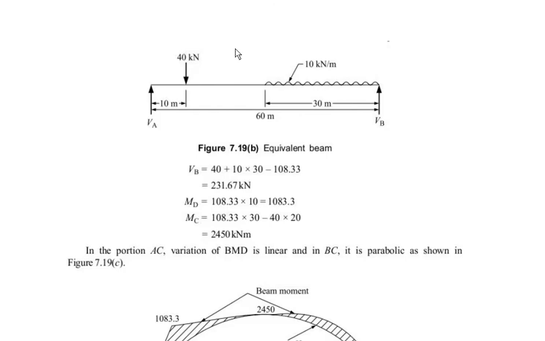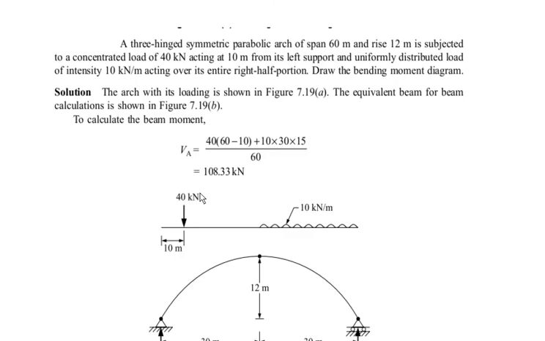So VA into 60 minus 40 into 50 minus 10 into 30 into 30 by 2. So that is the equation if you take the moment about B is equal to 0. So from that equation we get the value of VA is equal to 108.33 kilonewton.